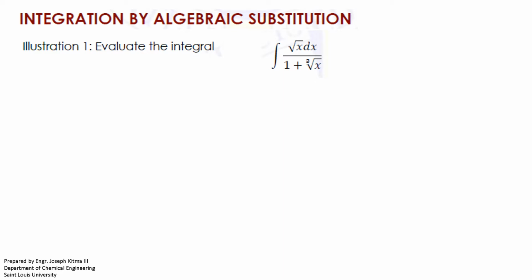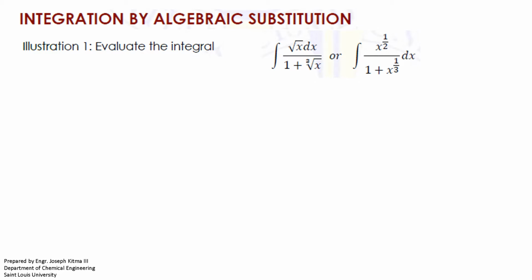So we could write this as the integral of x raised to 1/2 dx all over 1 plus x raised to 1/3. Now, since we have fractional exponents, x raised to 1/2 and x raised to 1/3, it would be nice to consider the least common denominator of 1/2 and 1/3, which is 6.